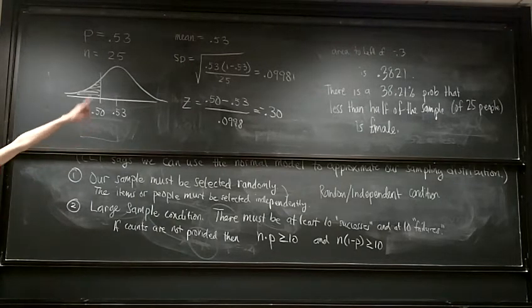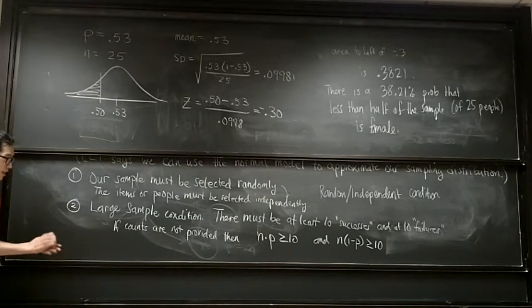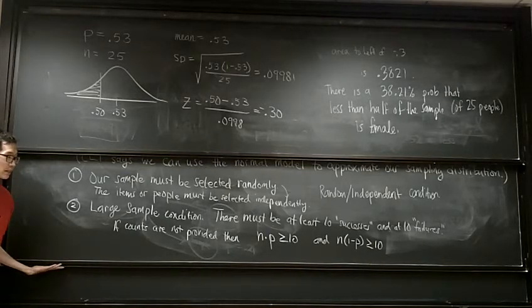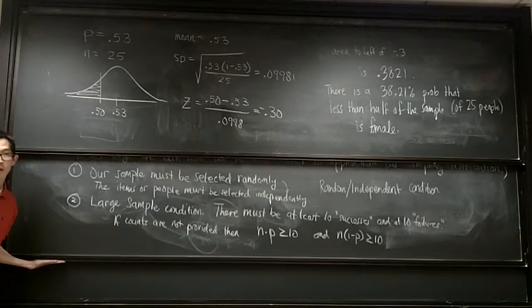So in this case, where we did the random sample of 25 students, n times p and n times 1 minus p must both be bigger than or equal to 10. Is that okay?